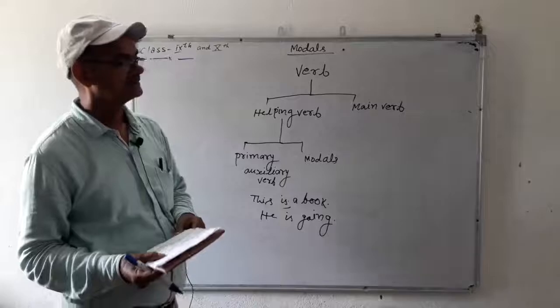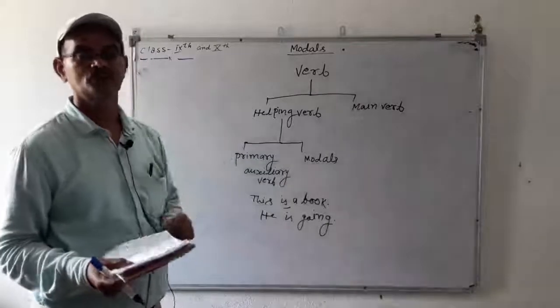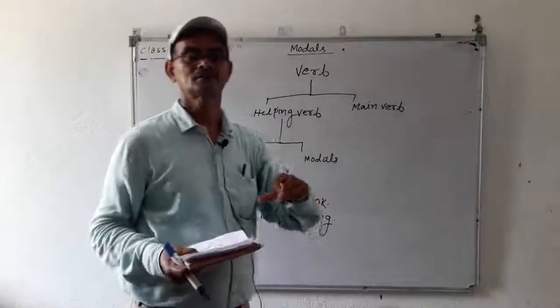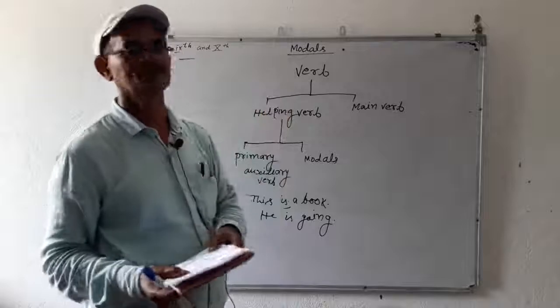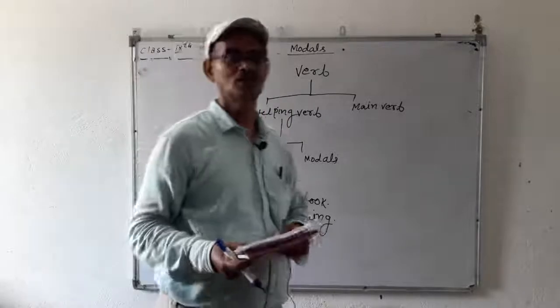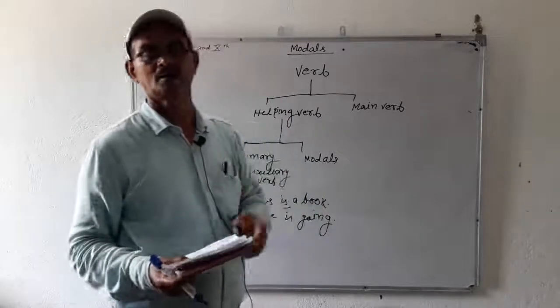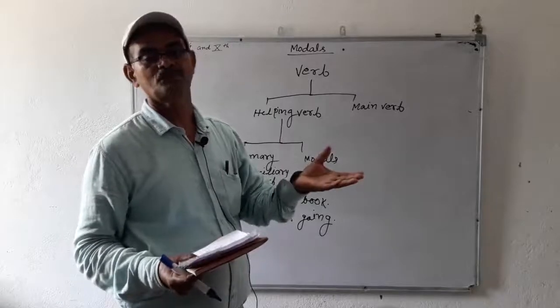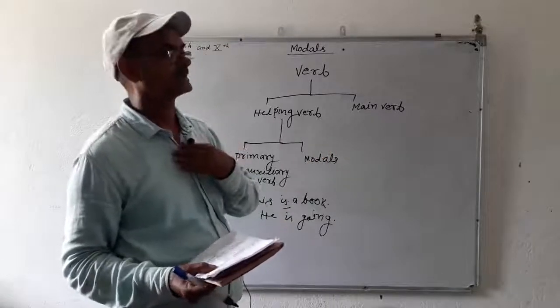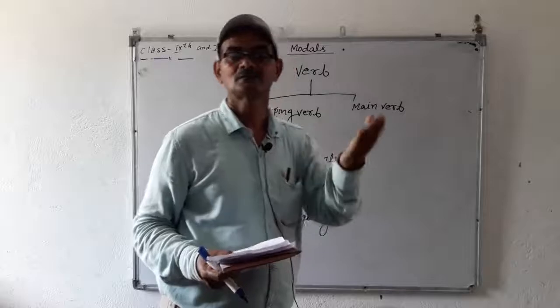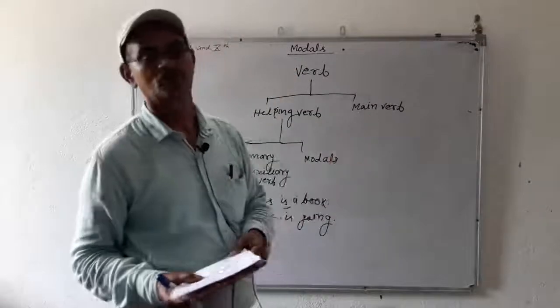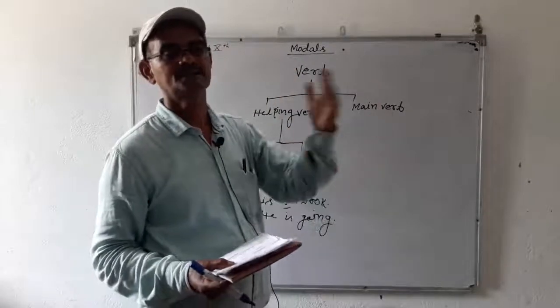And they change their form according to the number and person of a subject. If the subject is plural, they are in plural form. If the subject is singular, they are in singular form. We use he is a boy.